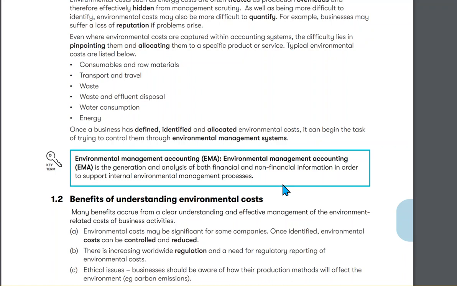It is also about non-financial information, the image, the ethics. Non-financial information affects business in the long term. If you're affecting your business negatively, the image of the business is affected negatively. What will happen in the future? People will slowly stop buying your product, so you will be affected in the long term.